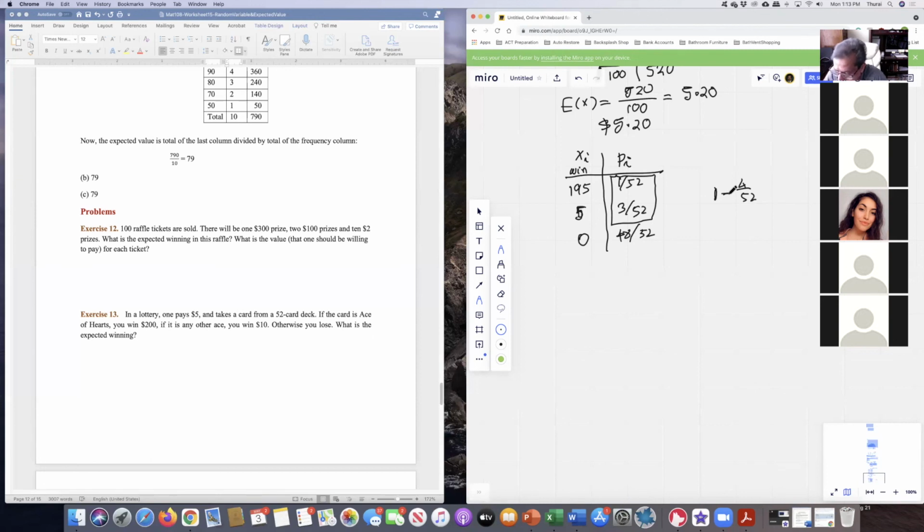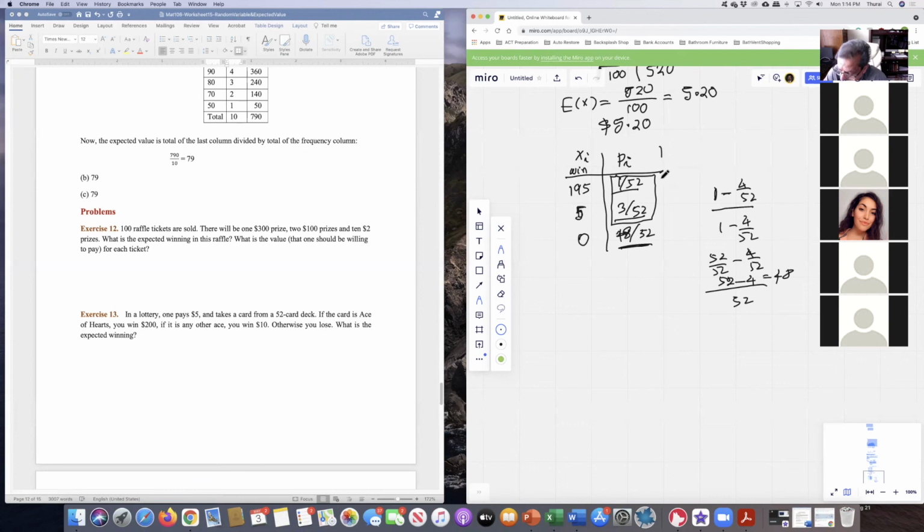I added 1 over 52 and 3 over 52, and then I am subtracting from 1 to get the remaining probability. 1 minus 4 over 52 is the same as 52 over 52 minus 4 over 52. So common denominator 52 and 52 minus 4 in the numerator. That's how I got the 48. So there is 48 over 52 probability to get 0.